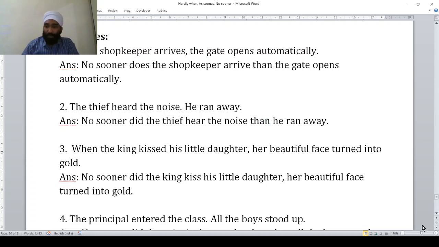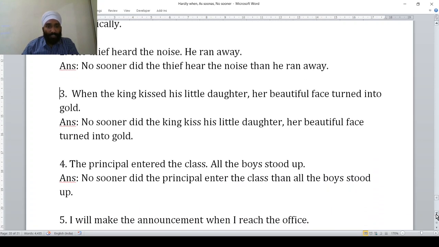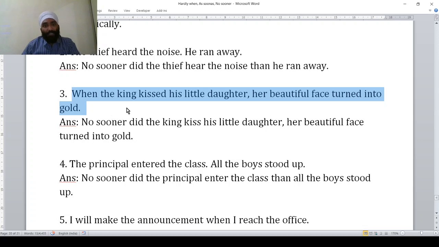Again, the third example is: when the king kissed his little daughter, her beautiful face turned into gold. Here, some king is there, and two actions are happening in this sentence. Students, you can identify that this sentence is a complex sentence.